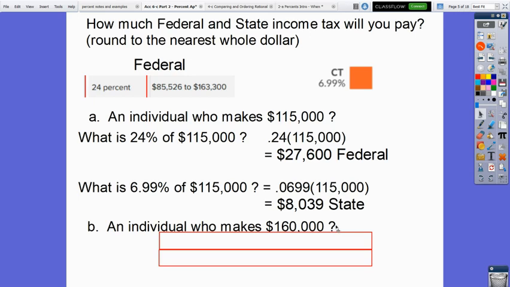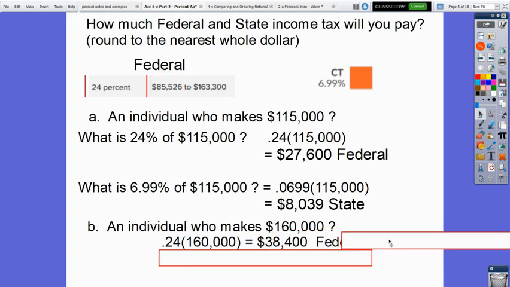income taxes. So, one for you to do. How much does an individual who makes $160,000 pay in federal and state income tax? Federal answer is 0.24 times 160,000, $38,400.